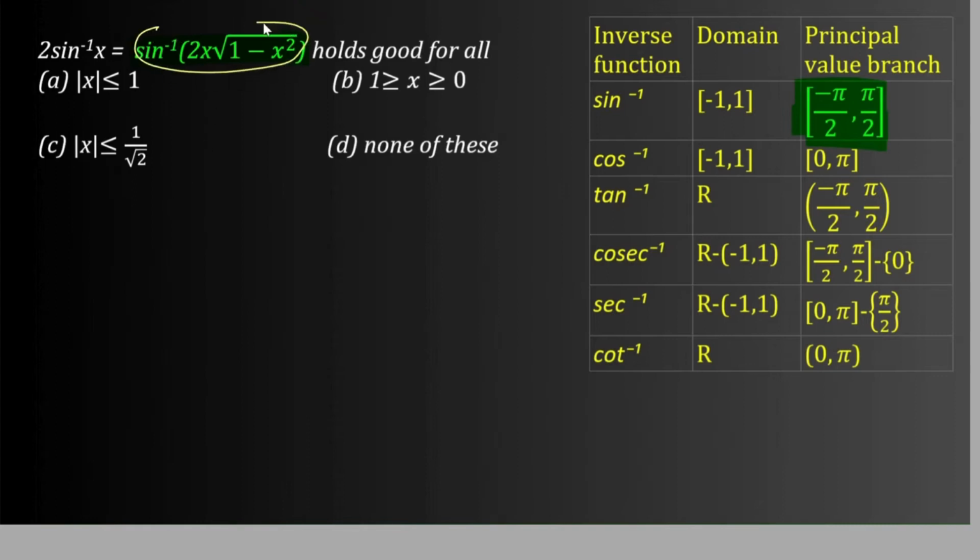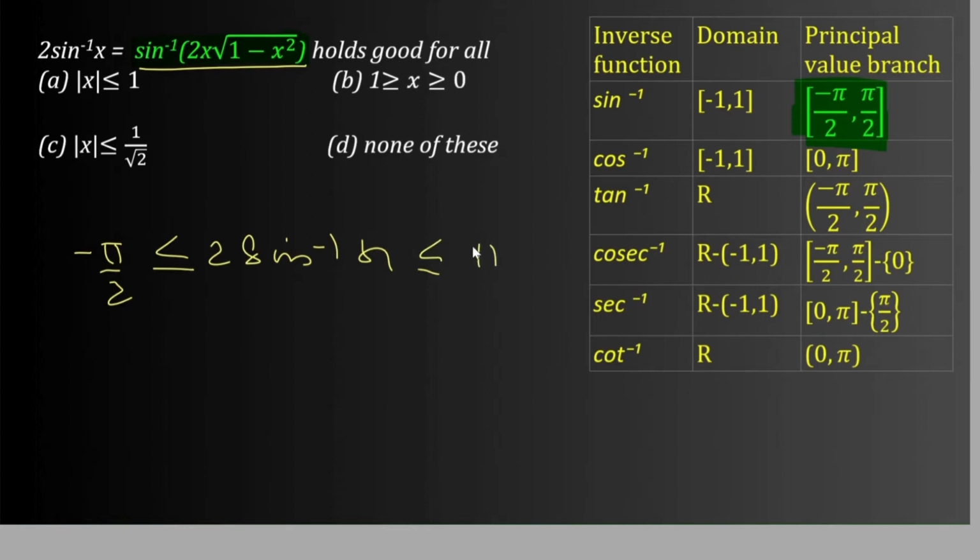The value of this will range from minus pi by 2 to pi by 2. So what I can say is that 2 sine inverse x, the value of this will vary from minus pi by 2 to pi by 2.